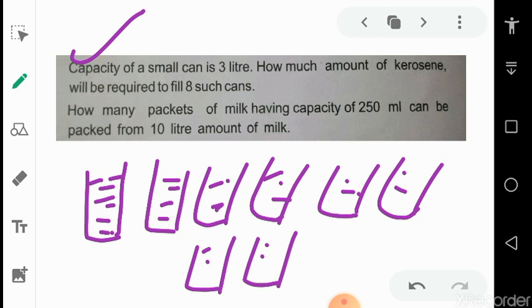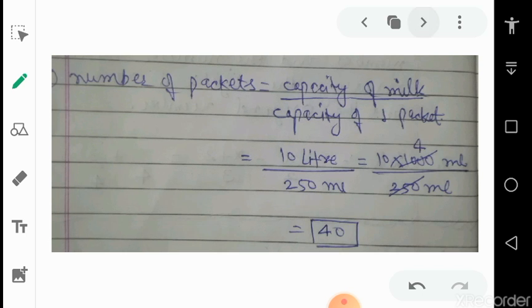So we have to find the number of packets. Here we have the capacity of one packet and the total capacity of the milk. Then we divide the total capacity by the capacity of one packet, whatever is given.